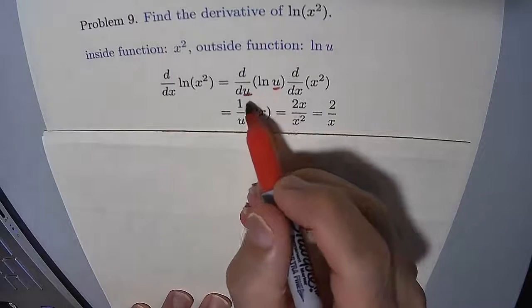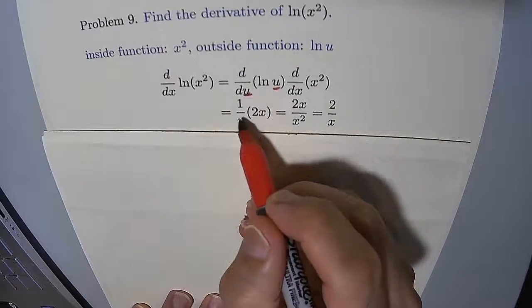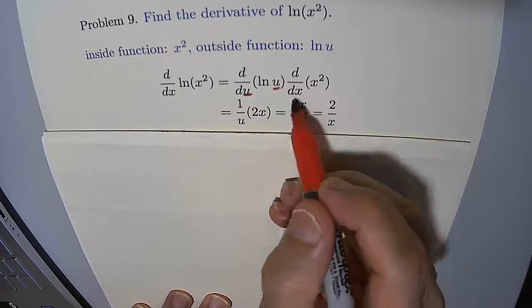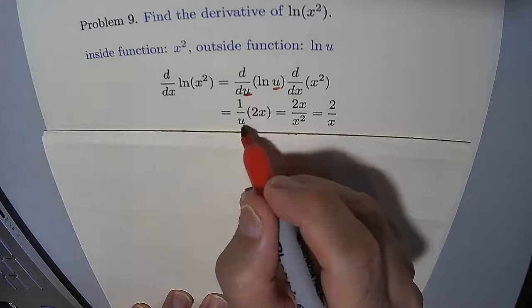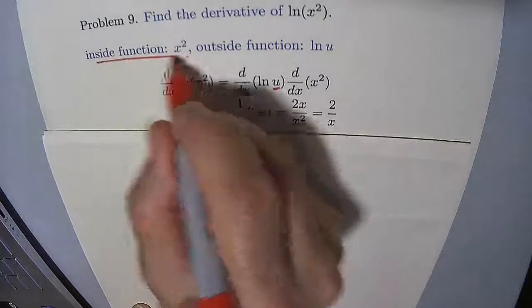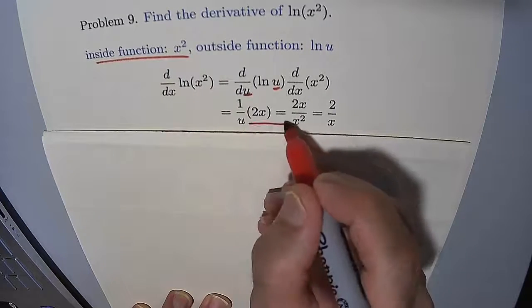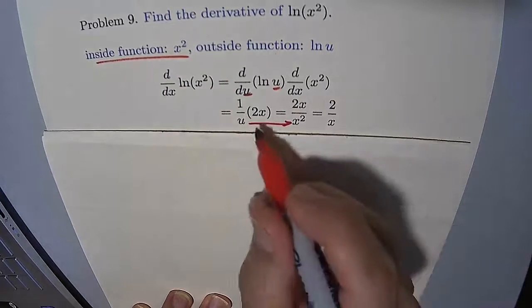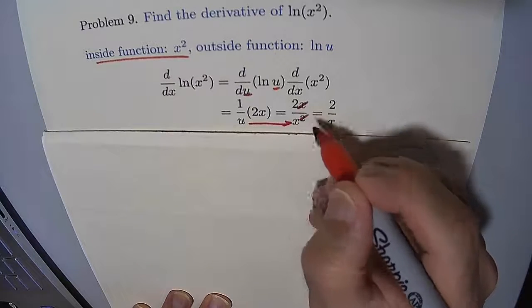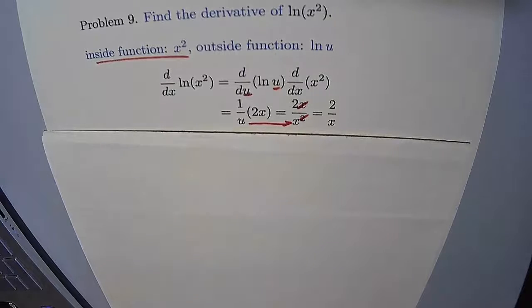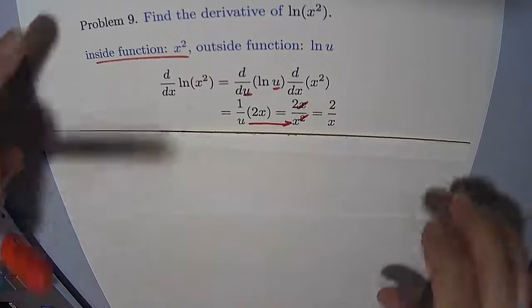Derivative of natural log of u with respect to u is 1 over u. Derivative of x squared with respect to x is 2x. If I put the u back in, I get x squared at the bottom, and 2x times 1 is 2x. Notice that I get a cancellation, and I'll be left with 2 over x as the answer to this problem.